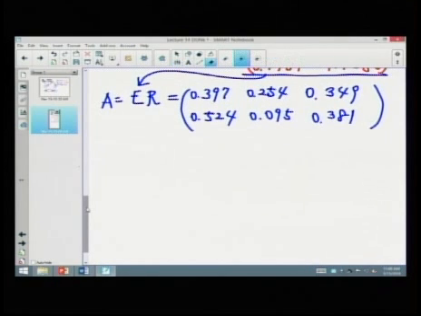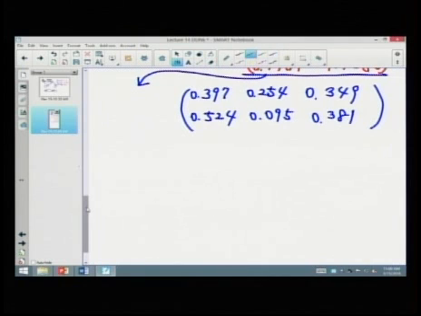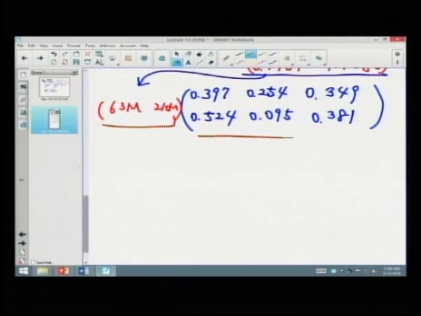So what you need is, we just got the A matrix, right? So what you need is just to multiply 63 million and then $210 million times the A matrix. Is that right? Because these are the support costs, and these are the absorption probabilities.